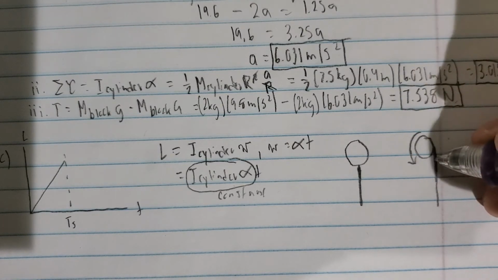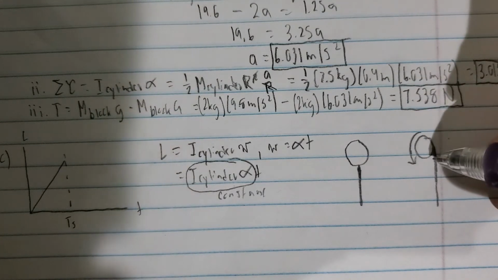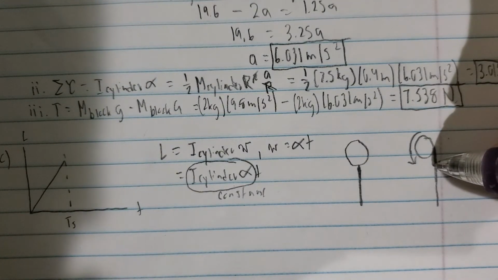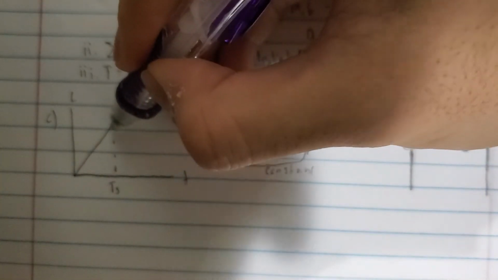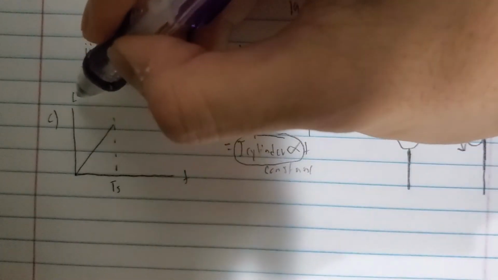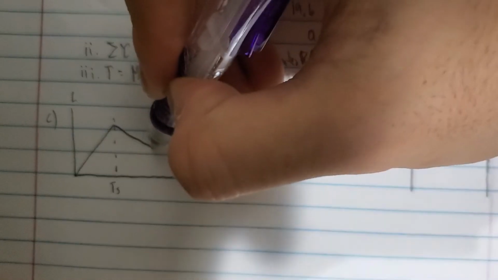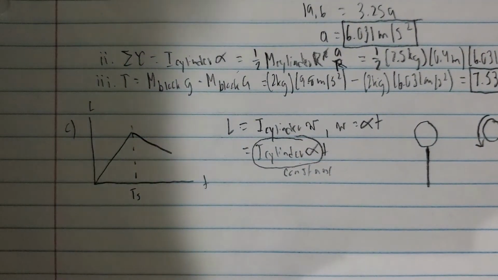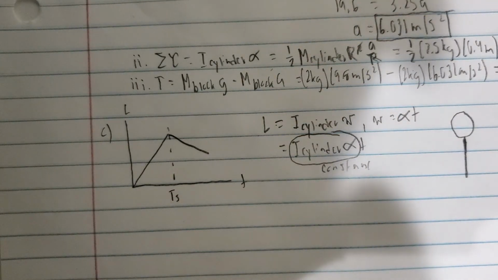So essentially, this will cause the angular momentum to slow down at a constant rate. So that lets me know that after TS, my angular momentum will start to lower. So it looks something like this. And there's my graph.